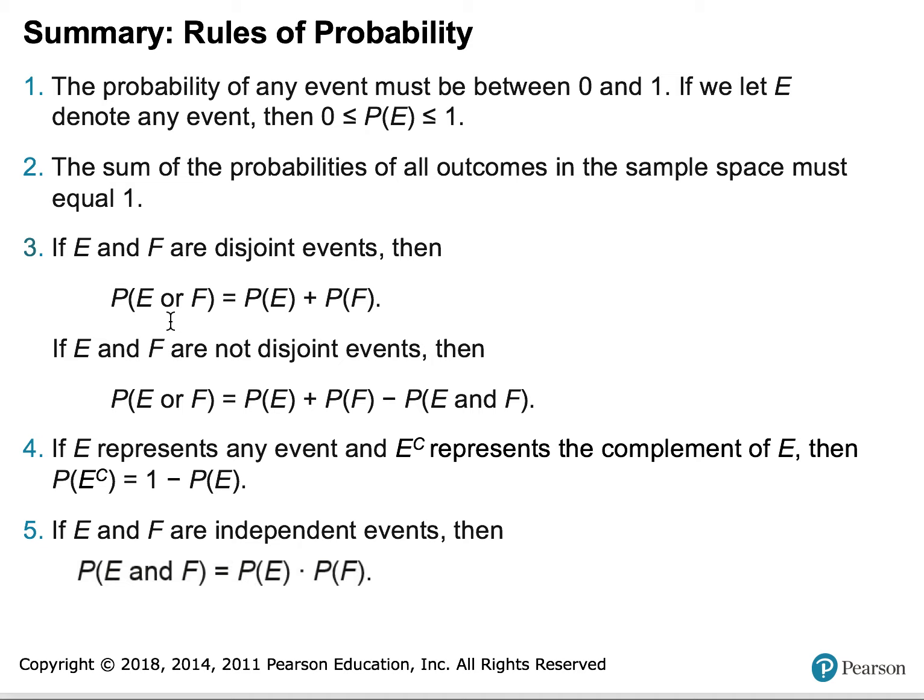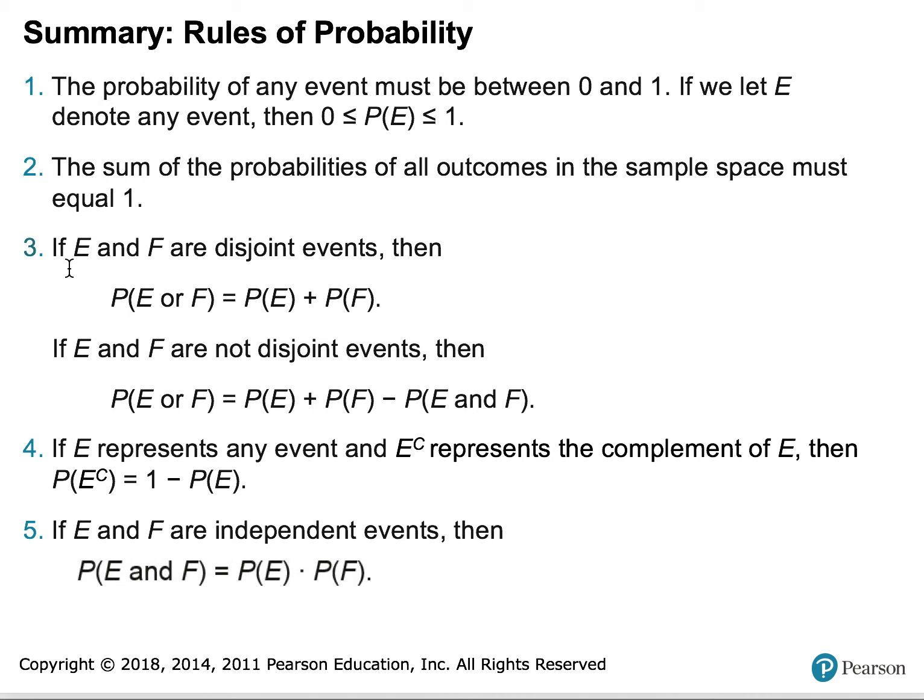Okay, here's our formulas for ORs, and here's our formulas for the complement and the formula for AND. Notice that the or probabilities use the addition rule, and the and probabilities use the multiplication rule, right?